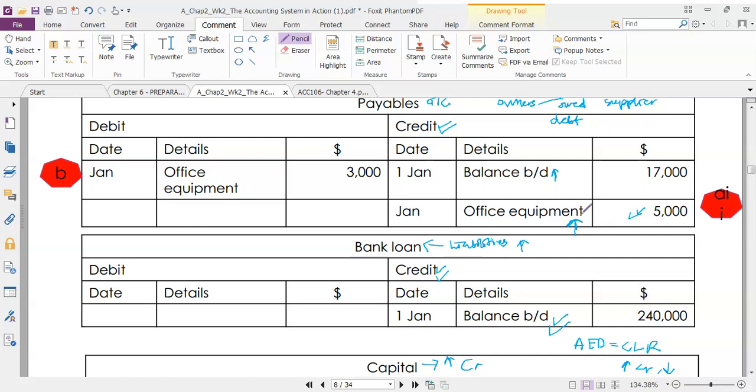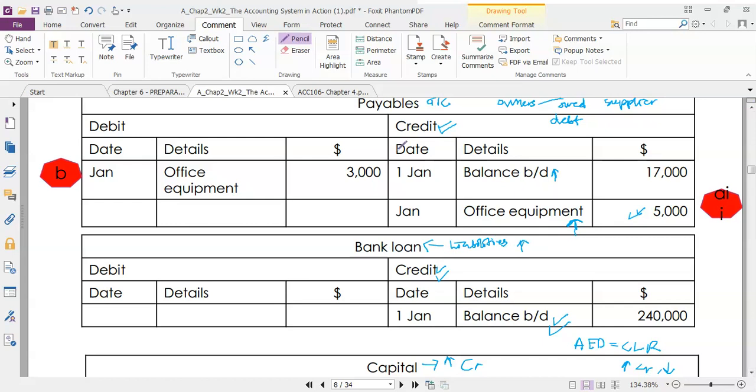Sebab account payable kita, liability kita tadi bertambah. So increase in liability, we should put under credit side. The details is office equipment. So it means that we buy office equipment on credit. Credit means debt. We owed to the supplier of the office equipment.